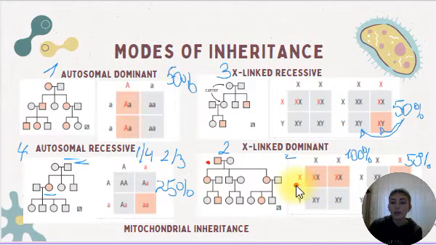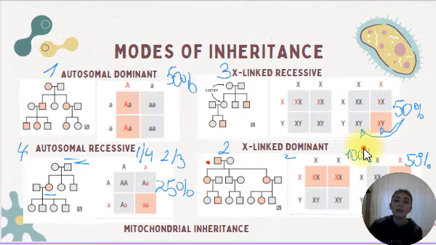You see here that the father can pass his X only to his daughters, and to his sons he passes only his Y. So if a son gets X, he gets it from his mother, right? Therefore X-linked dominant diseases pass to daughters only from their fathers.